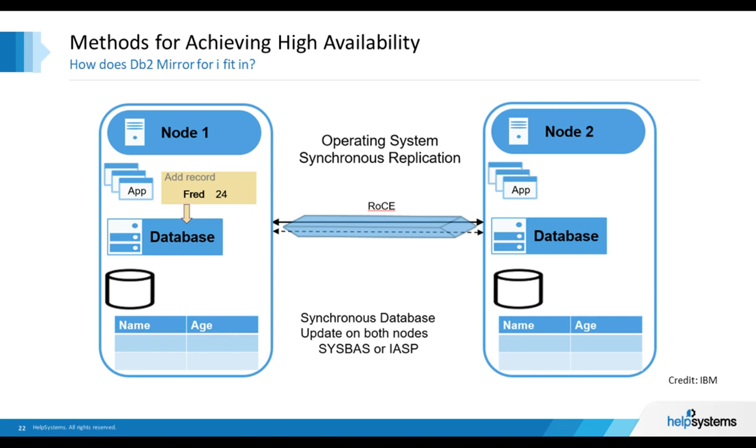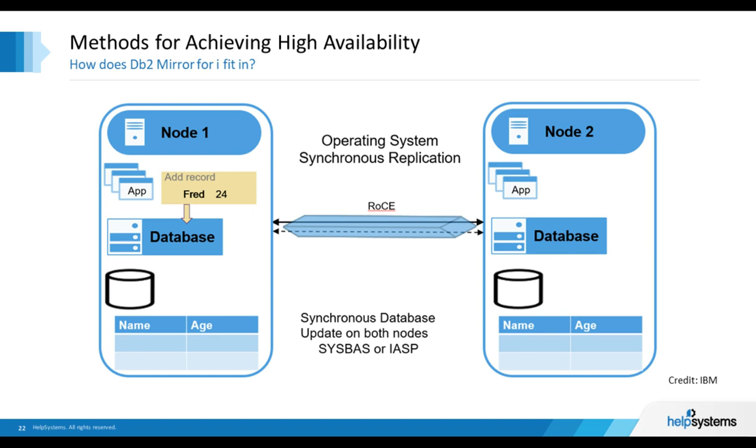So, method number one, Db2 Mirror for I. This was announced with a fanfare along with V7R4 in the summer, and in some quarters was described as game-changing, quite rightly. In essence, this solution is aimed at those environments where continuous availability is required, not just high availability, continuous.